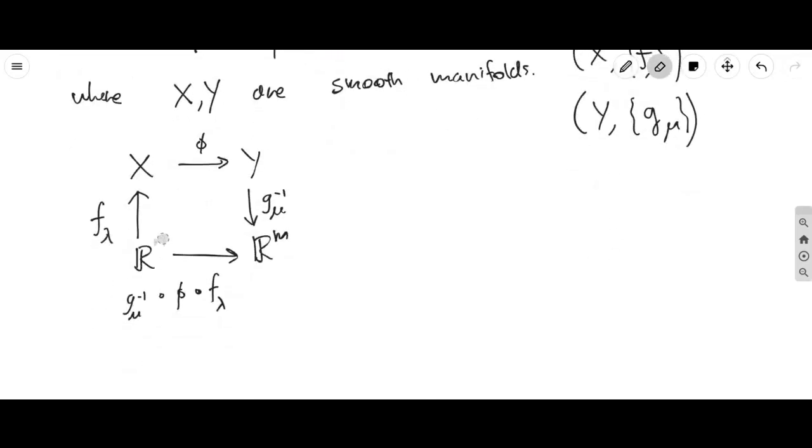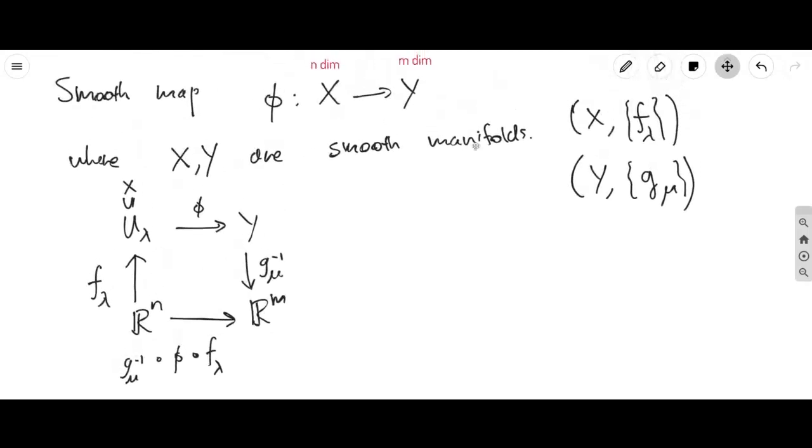If you want to be a little bit more careful, you would say that F lambda maps not all of x, it's really being mapped to U lambda, which is a subset of x. And then phi, and this G mu is mapping it to an open subset of y, which we'll call v subscript mu.